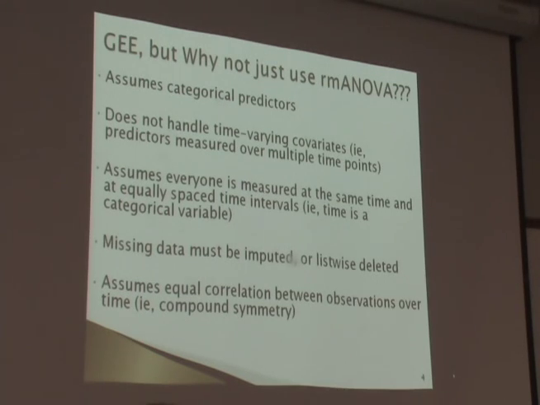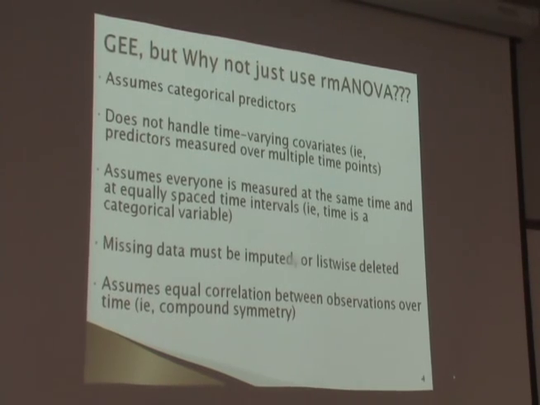In GEE, the GEE will maintain all available pairs of data, so as long as you have two observations for a given case, then that case will remain in the model, and that case will contribute information to the model.